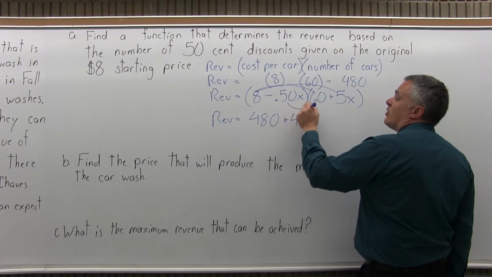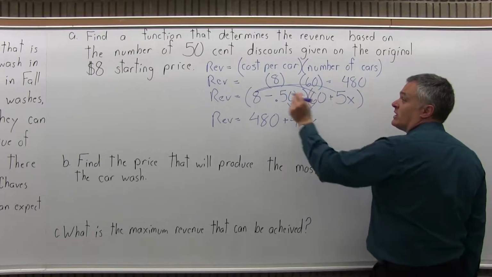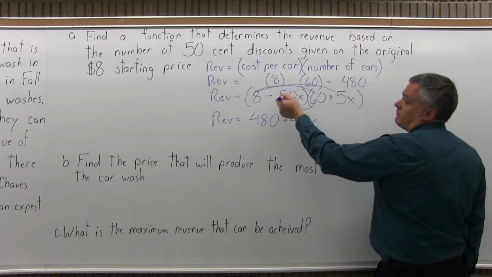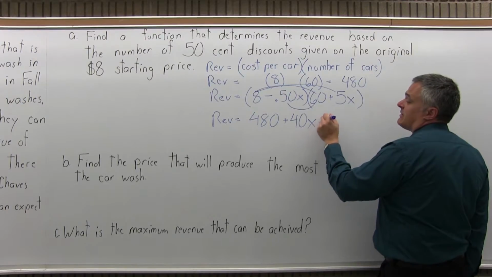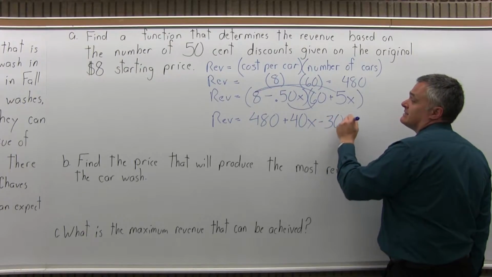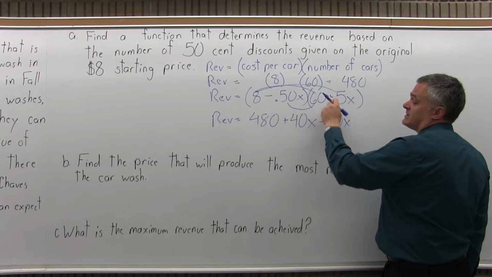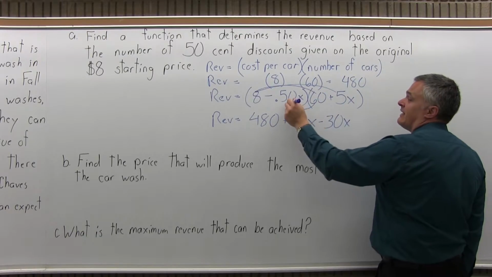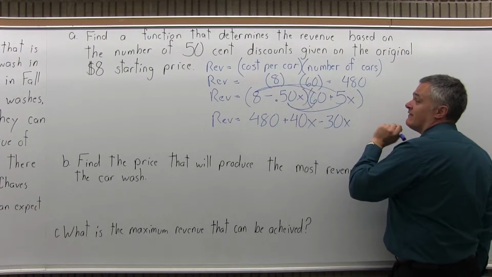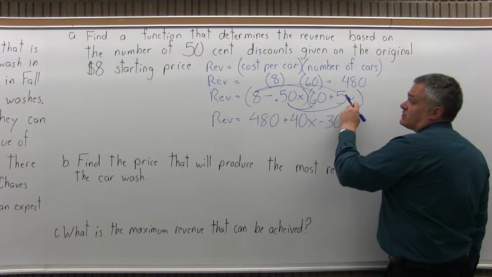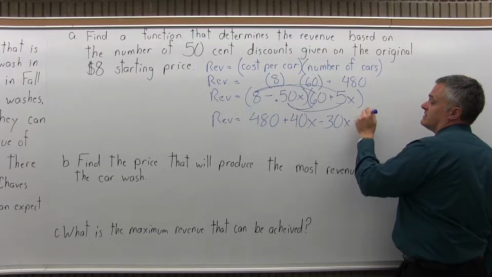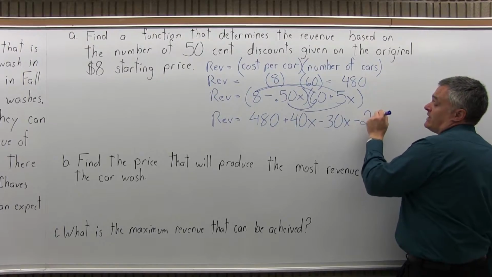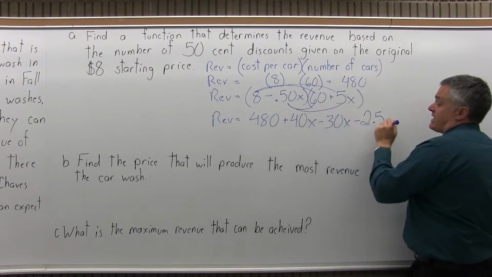Now negative 0.50 times 60, watch your sign. So negative half x, basically. Half of 60 is 30. So it's going to be minus 30x. And then negative 0.50 times 5x. Half of 5 is 2.5. Negative times a positive, so minus 2.5, and both have an x, so it's x squared.